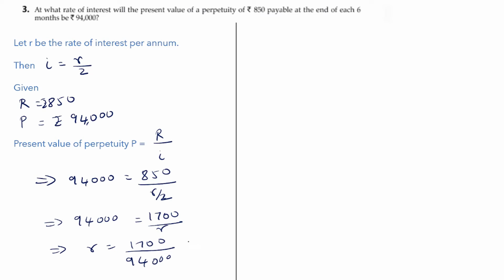When we simplify, we get 0.01808. Therefore, R is equal to 1.81%. So the rate of interest is 1.81%.